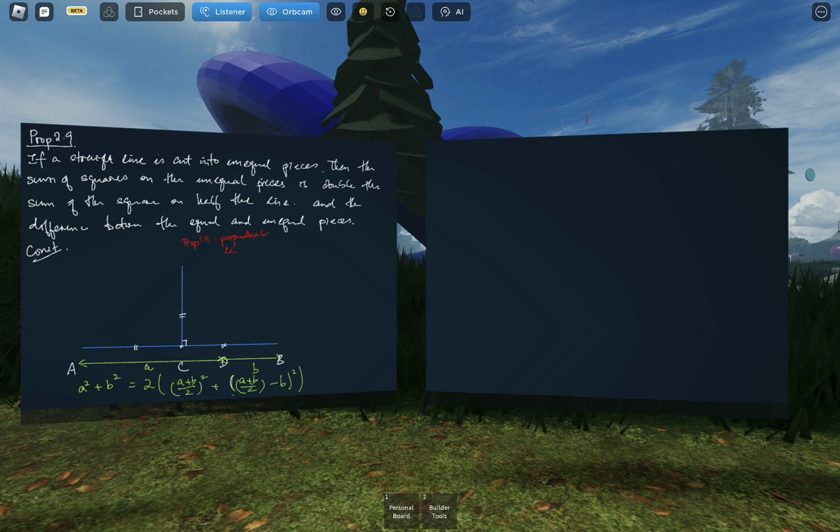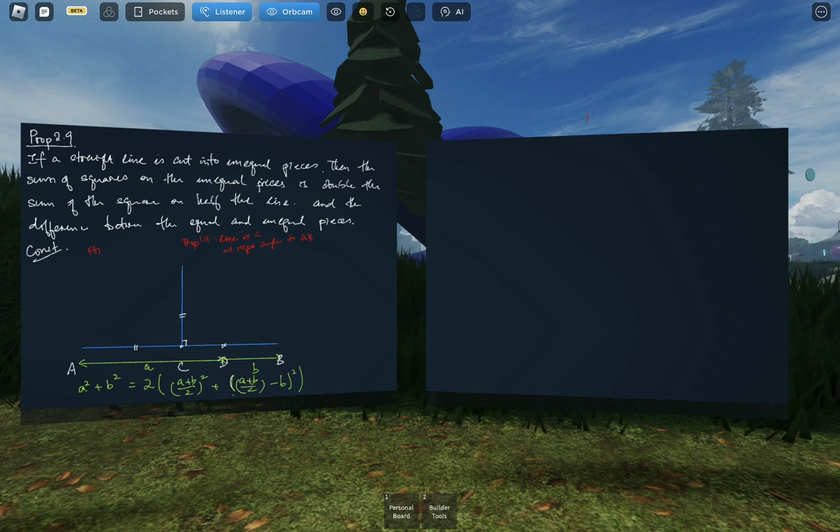Or maybe I shouldn't say perpendicular because it's not one of Euclid's words. It gives us a line at C at right angles to AB.